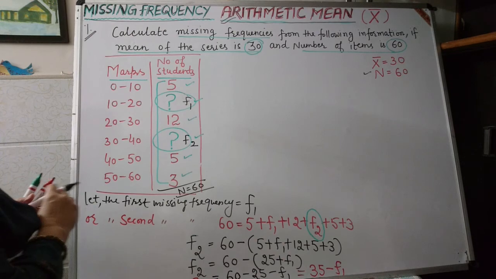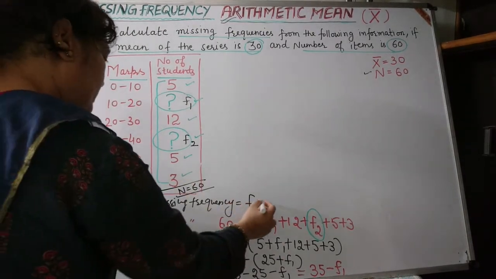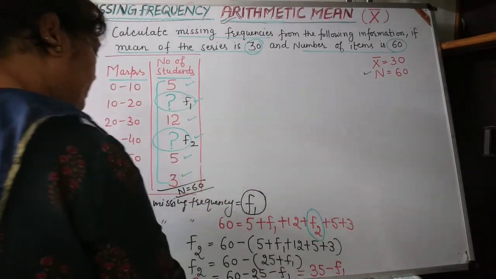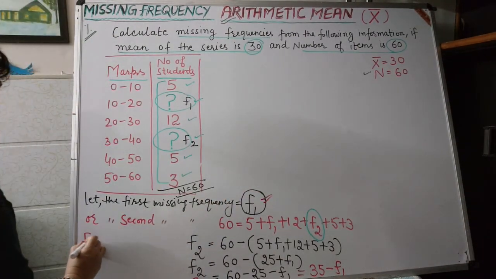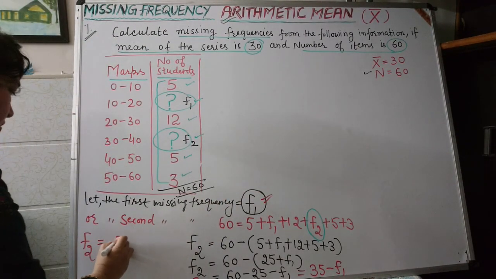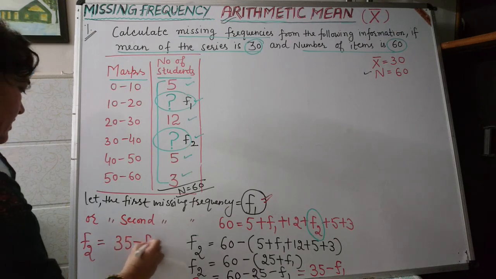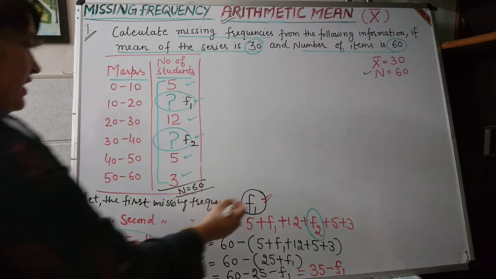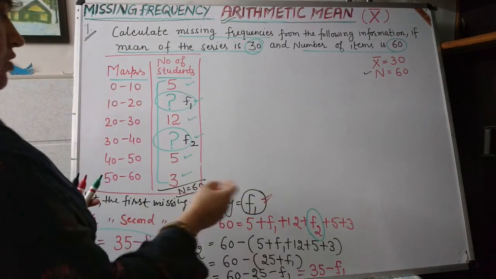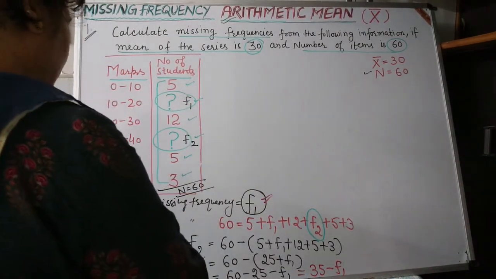The first missing frequency we have taken as F1, and the second missing frequency F2 is equal to 35 minus F1. So these two values we have derived which were missing, and now let us find the actual values.